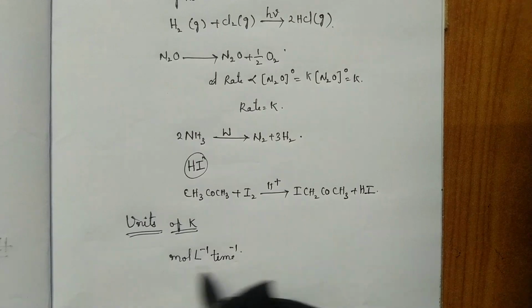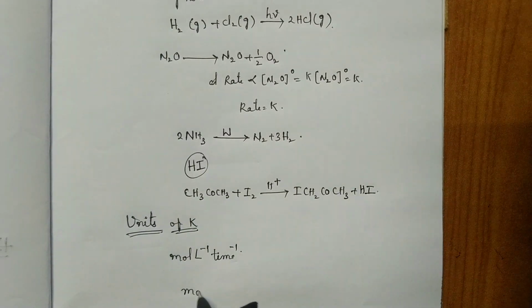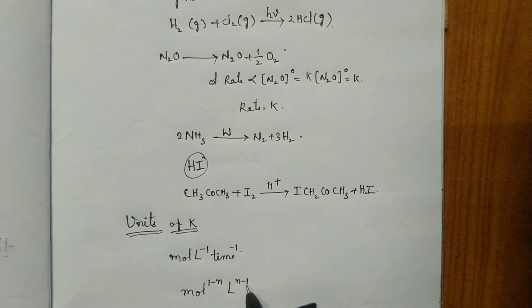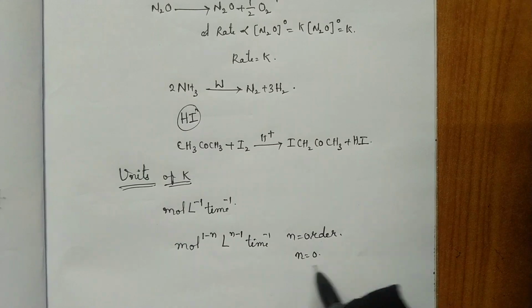We can easily find the units for reactions of any order by using this general formula, that is mole power 1 minus n, liter power n minus 1, per time. Here n is equal to the order. For a zero order reaction, n is equal to 0, right?